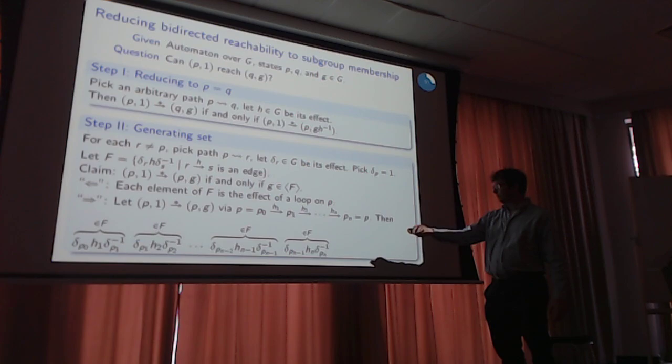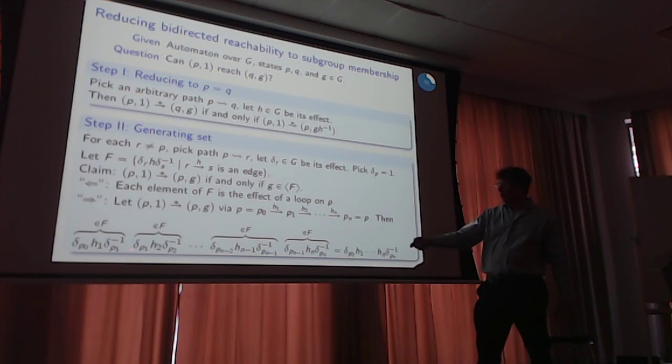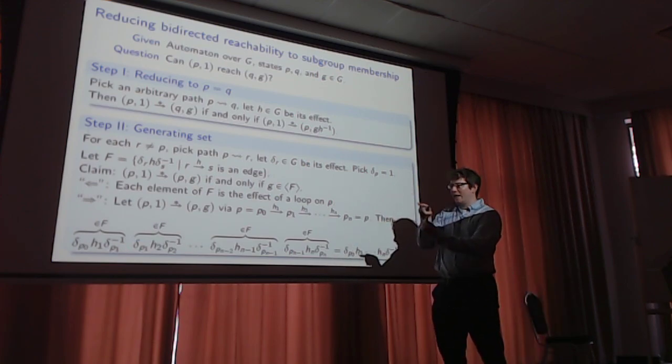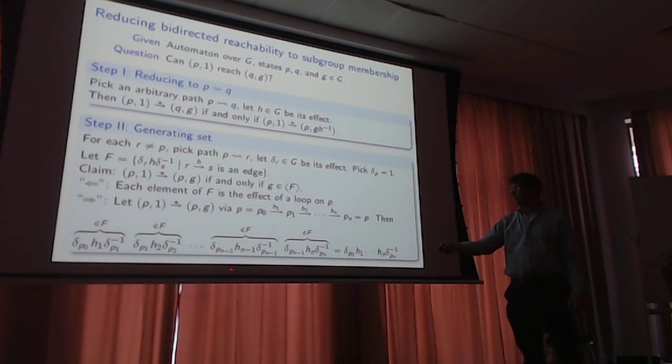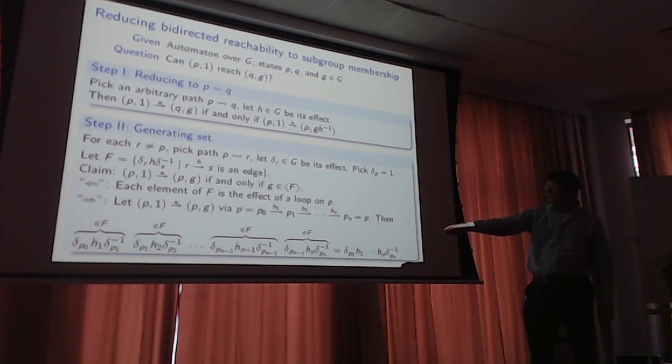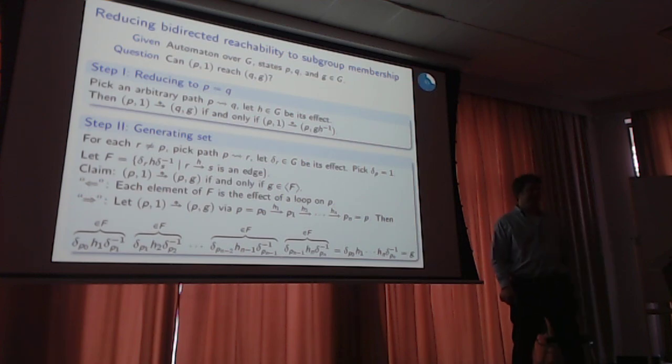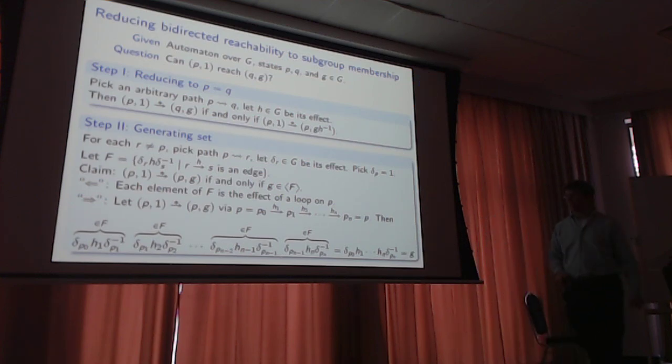All of them belong to F. But then if you look at the product, these backwards and forwards paths, they always cancel out. Right? And so what you get in the end, this one is the identity by choice. These two cancel out, then these two cancel out, and then you get exactly this G. Okay.